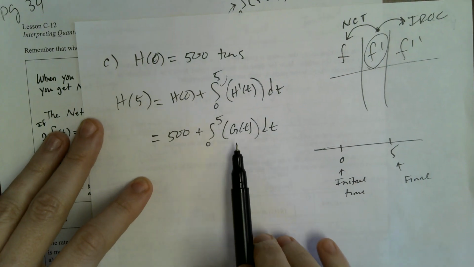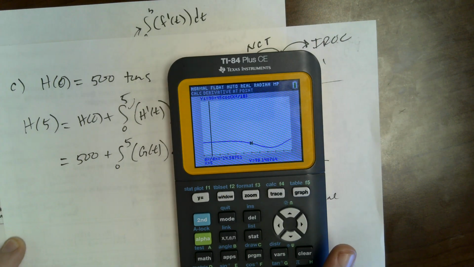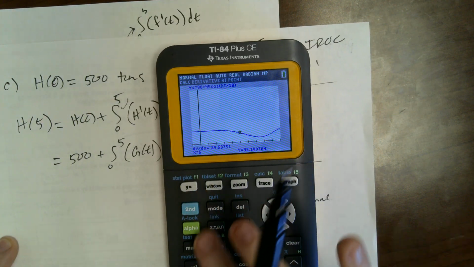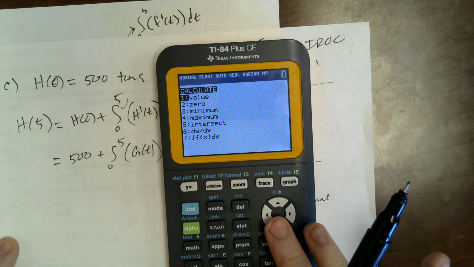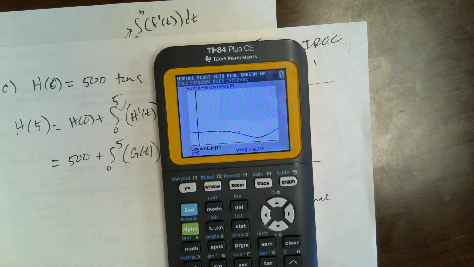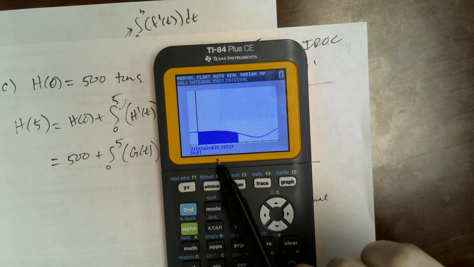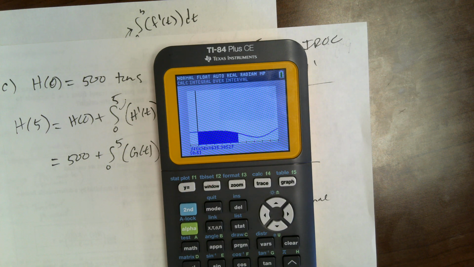And guys, the good news is we've got this graphed. G of t is graphed in our calculator, and you can do an integral here. For the integral, we go second trace and down to 7. Lower limit is 0. That's the left end, the initial endpoint. And then the upper limit is 5. And whoop, it goes like that. So this is the net change. All right, so between 0 and 5 hours, if the net change is positive, there's a net gain.